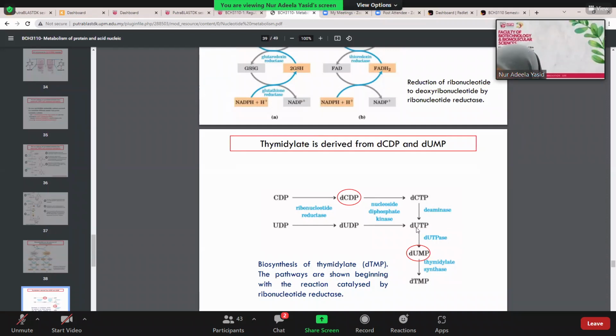From deoxyuridine triphosphate, dUTP, it is converted to dUMP, from triphosphate to monophosphate. From dUMP, it is then converted to dTMP. So what can you notice from these two reactions?